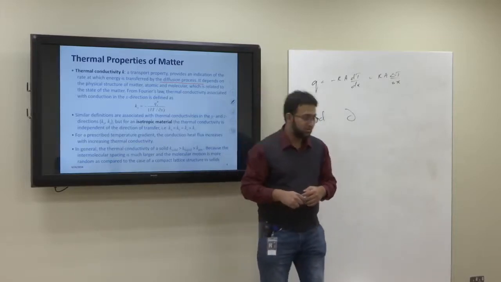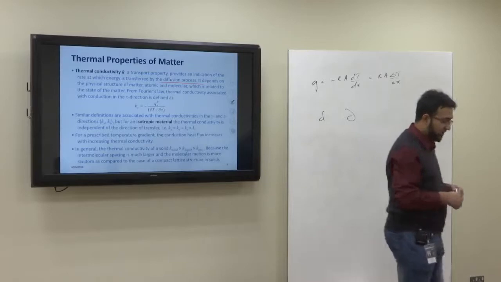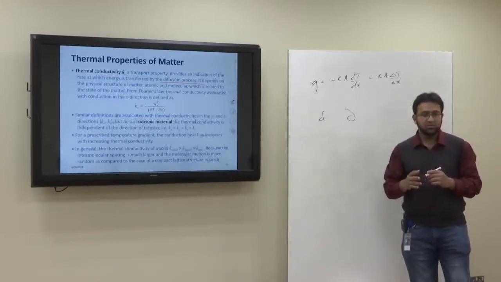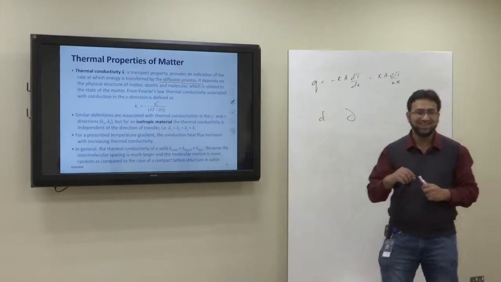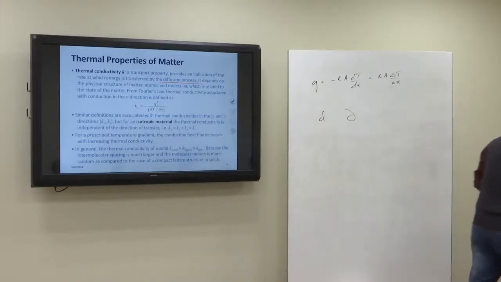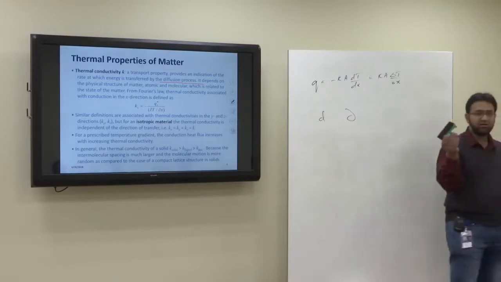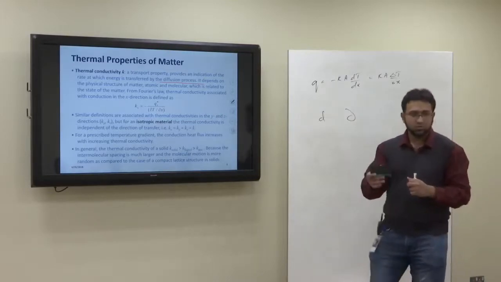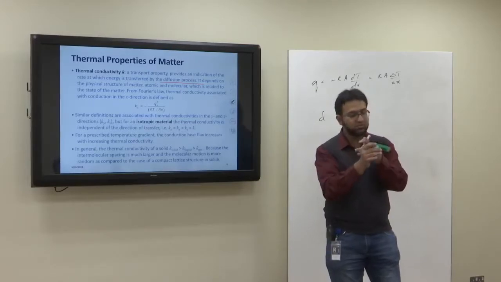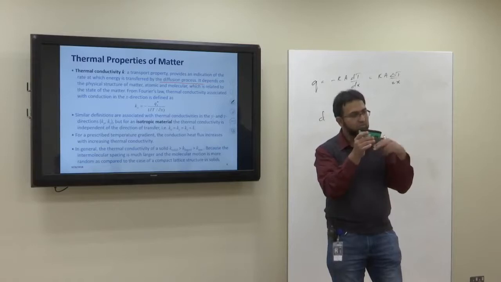Now there is another concept. For most materials, the transport property is independent of direction. So if I have a body made of iron or copper, the transport of heat from one end to the other will be the same in either direction.